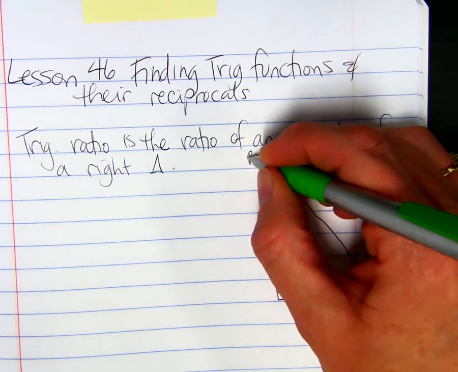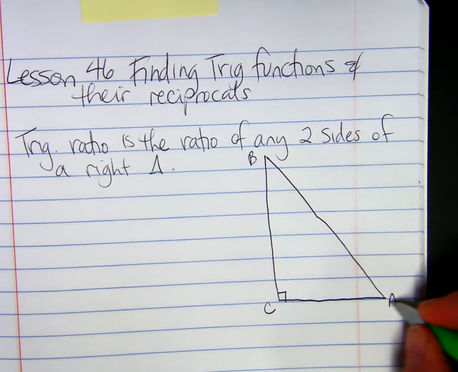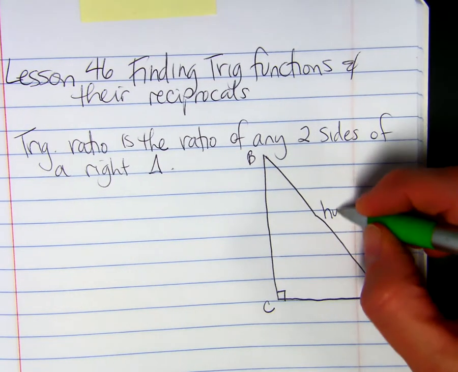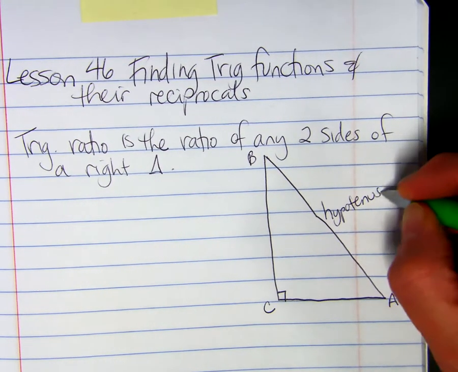So if our right angle is C, we're going to label here our hypotenuse.